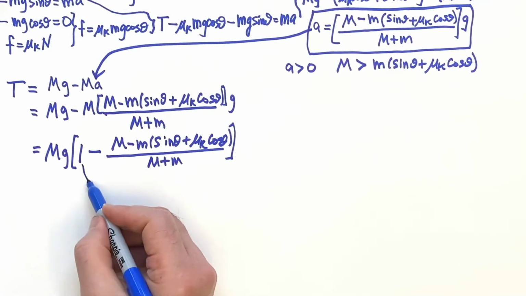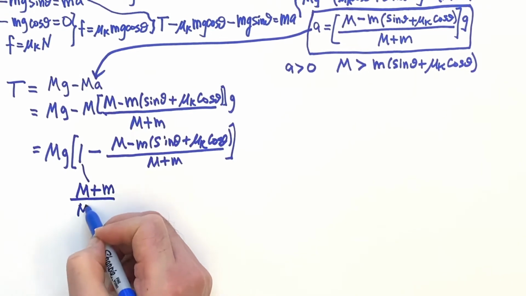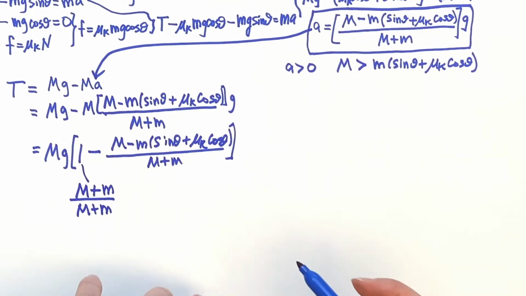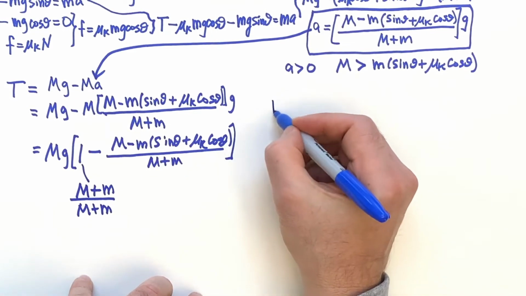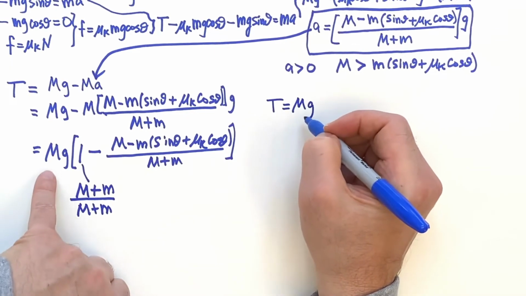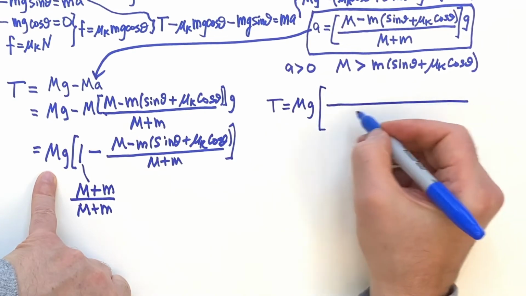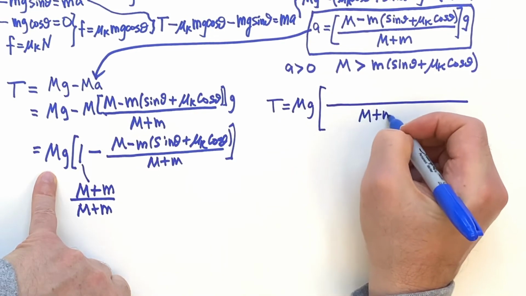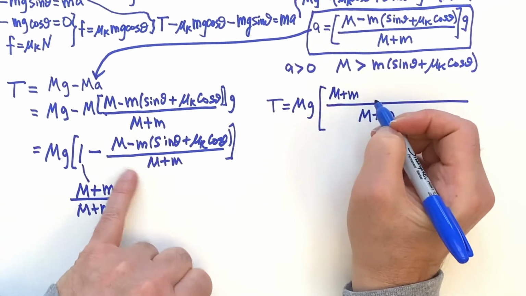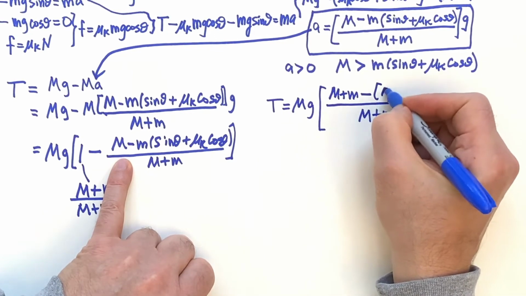And now what I would like to do here is put in for 1 the sum of the masses over the sum of the masses, so I have a common denominator, and now I can figure it out. T is, I got the big Mg on the outside, and then over the common denominator, the sum of the masses, I'm going to have the sum of the masses, and then I'm going to subtract all this stuff.